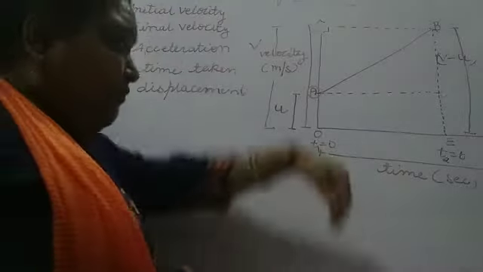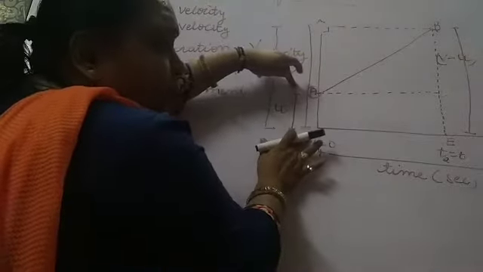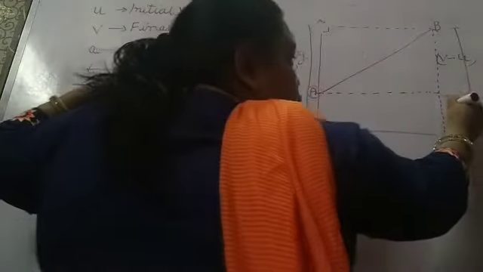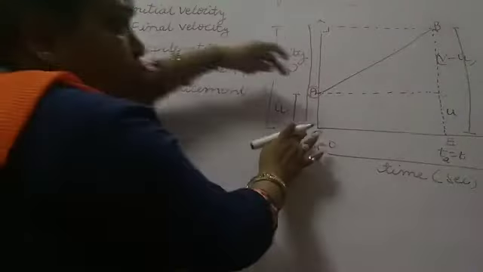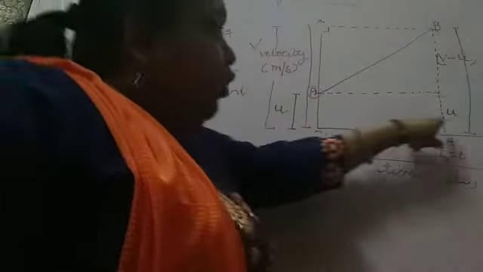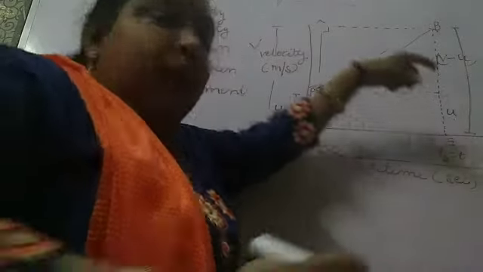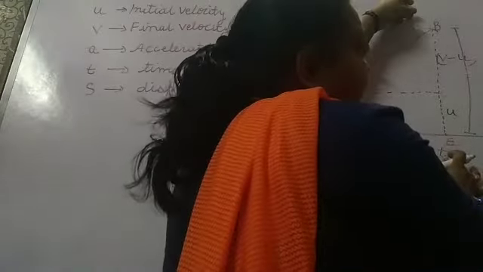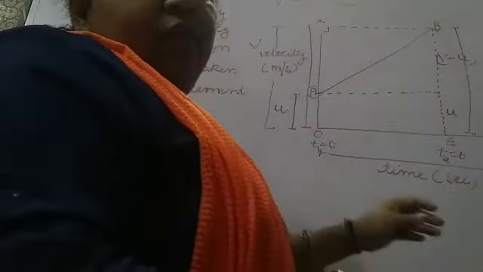I have explained that OA and CE are both equal to u. OA and CE are parallel to each other, therefore this is u, and the whole BE will become v.